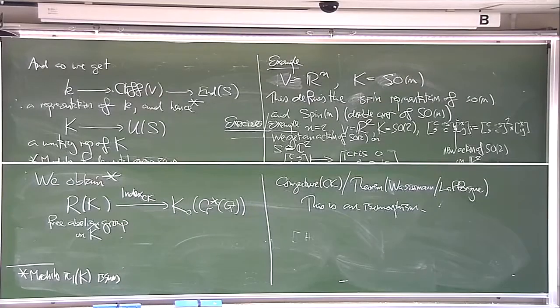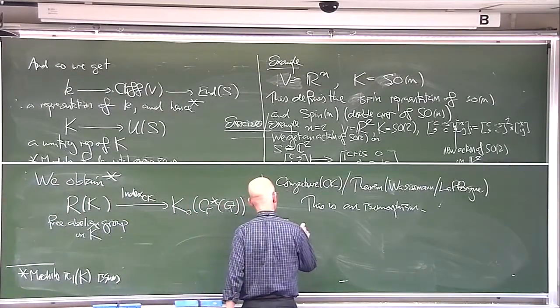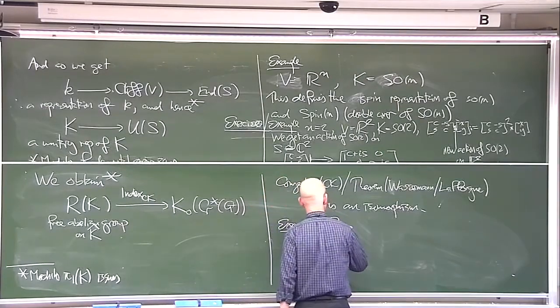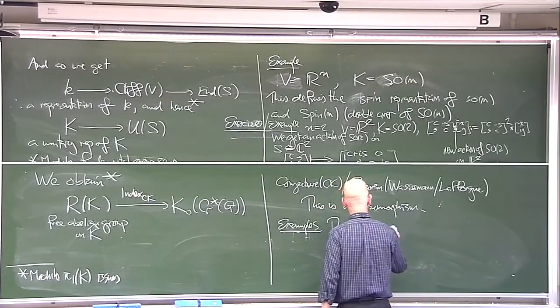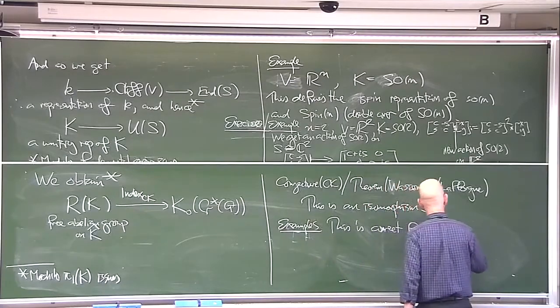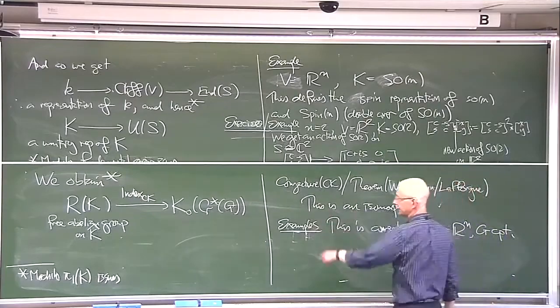And the examples which you can work out by hand, of course it's a theorem all the time, but you can work out by hand that this is correct when G is R^n or G is compact, as indicated over there, just by calculating what these operators are.